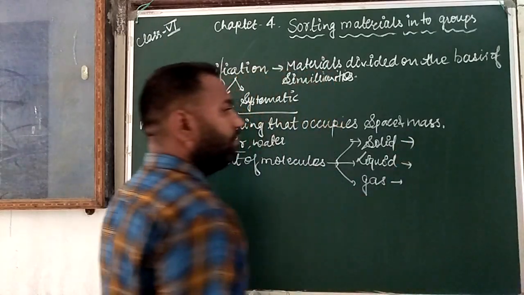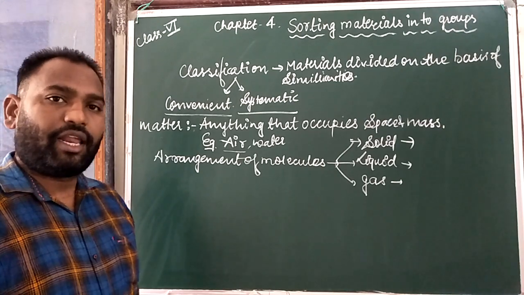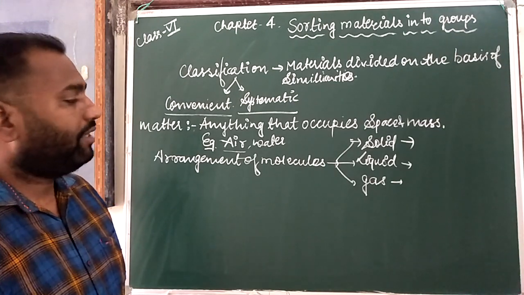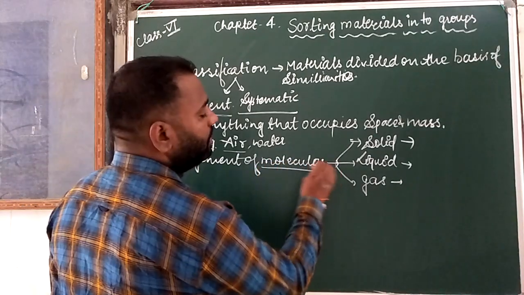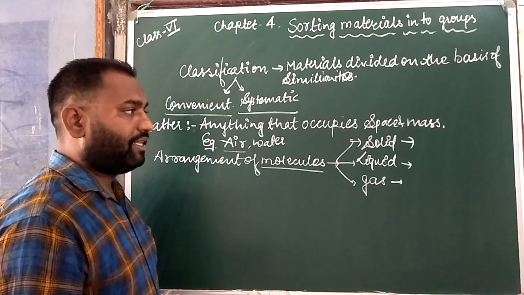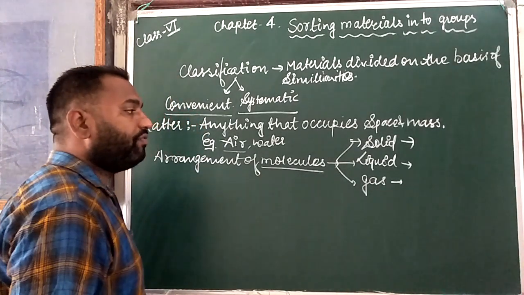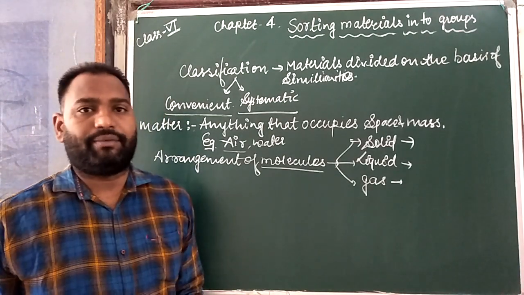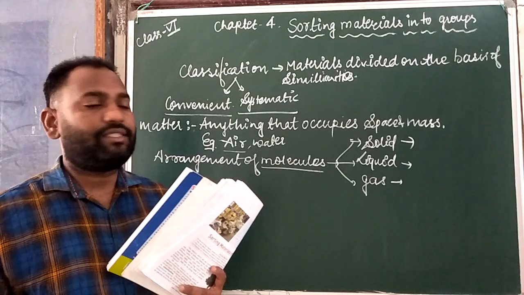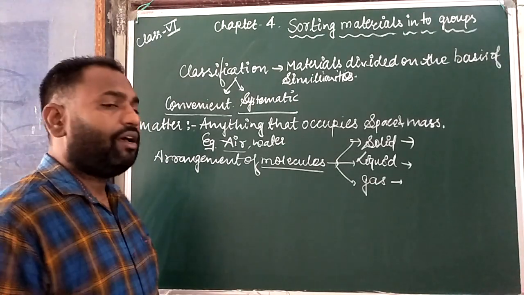If the particles are very near each other, the force of attraction is very strong and the molecules are very close to each other, then they are solid. If the molecules have some space between them, then they are liquid. And if the molecules have too much space between them and are far apart, then they are gas.